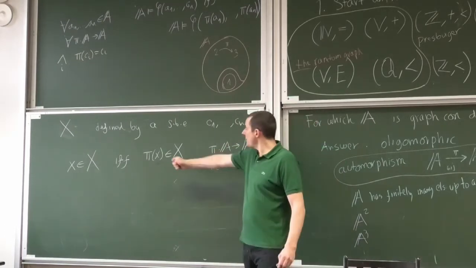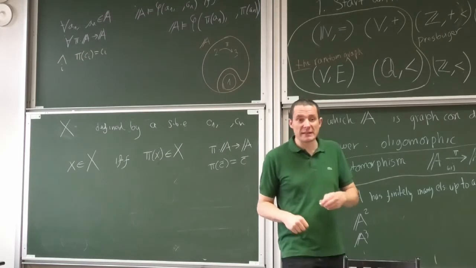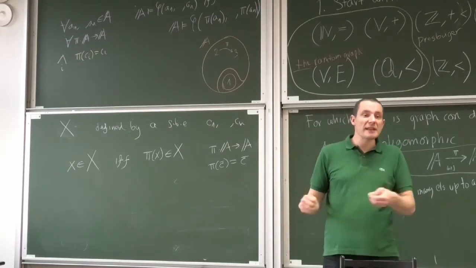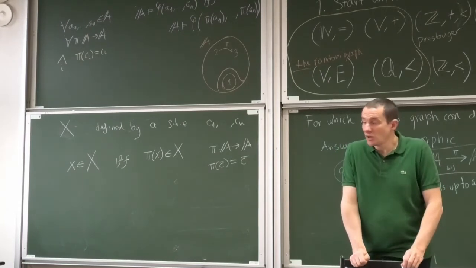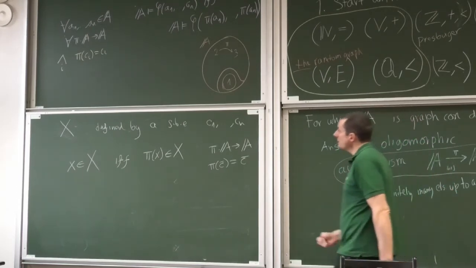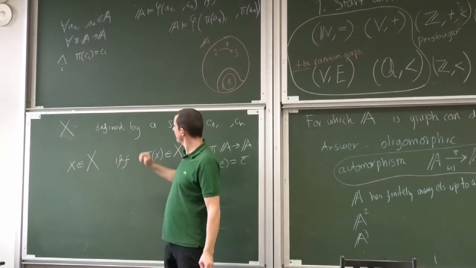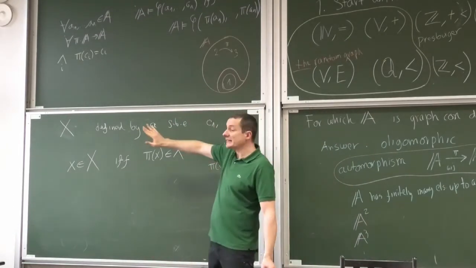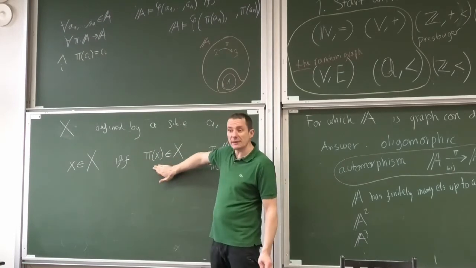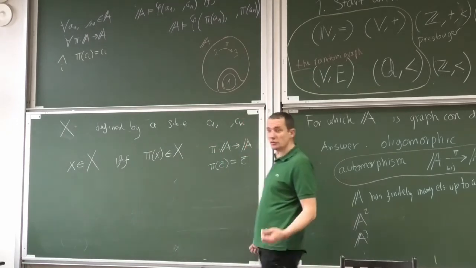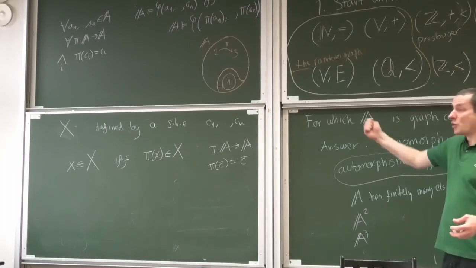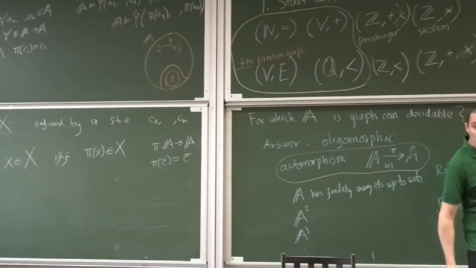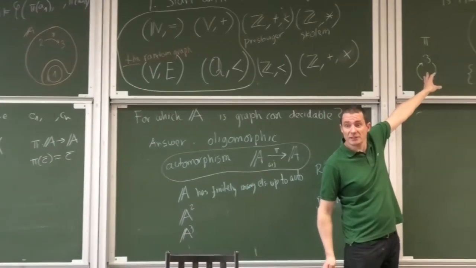Is it clear what I mean by pi of x, where x is now possibly a set of atoms or a set of pairs of atoms and so on? We just apply it everywhere. Okay. So that means that if you can define anything using these constants, then that anything is going to be invariant under applying automorphisms which preserve those constants. So if you apply this principle to the choice function, then you get exactly the argument that we have.